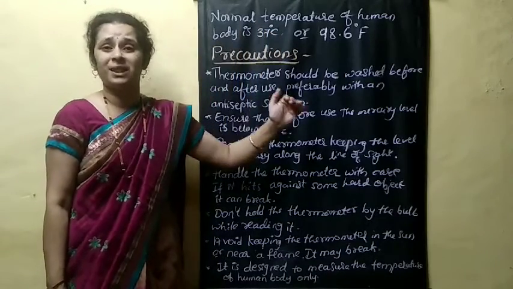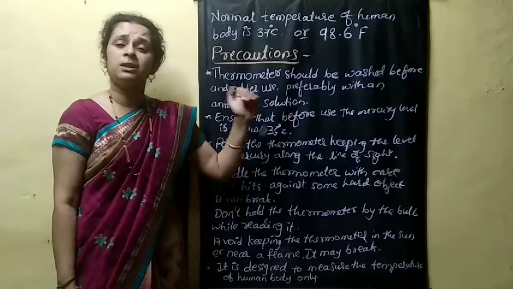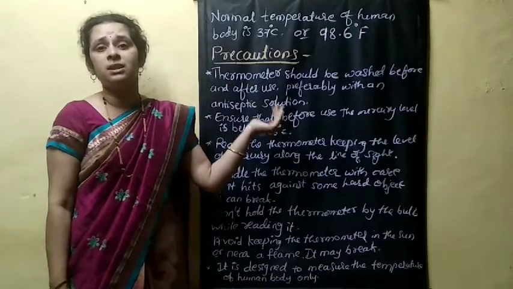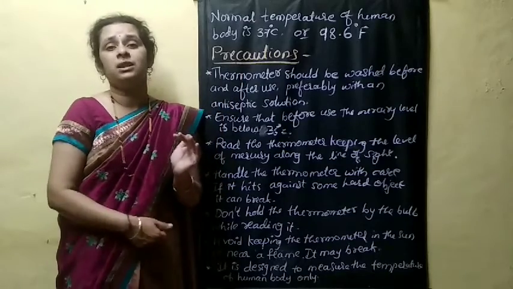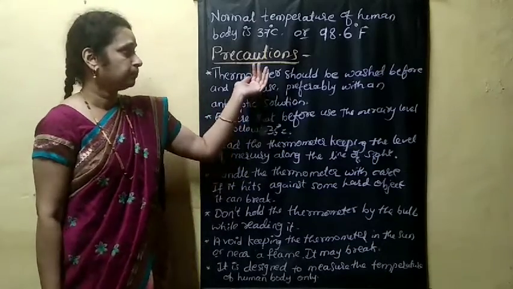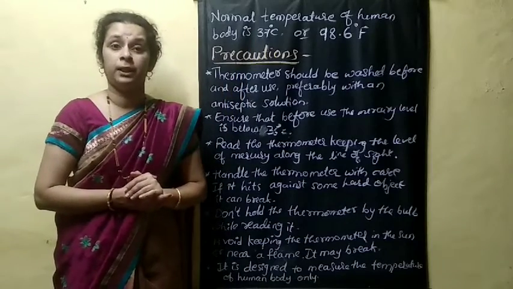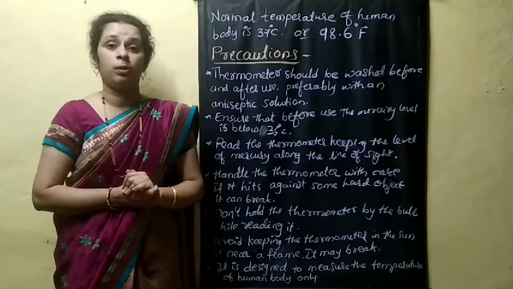Sometimes it will be exact, but sometimes it may vary slightly below or above 37 degrees Celsius. Okay, then what are the precautions that should be taken while using the clinical thermometer?